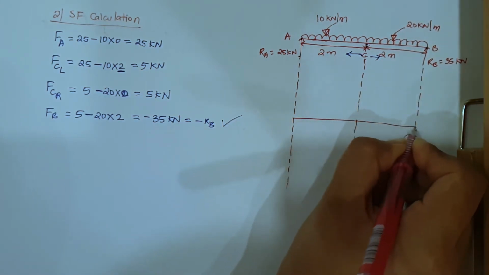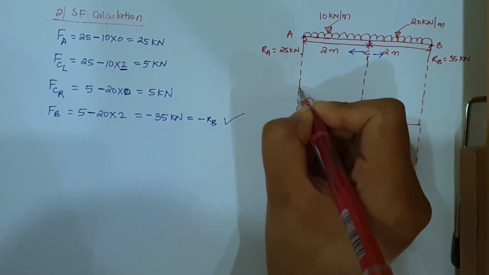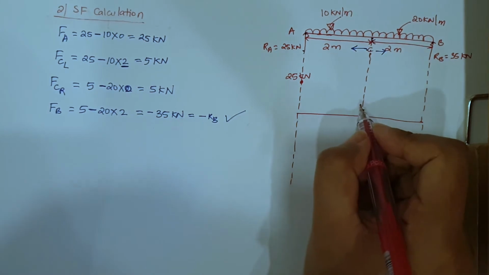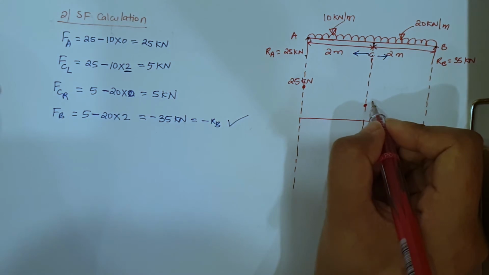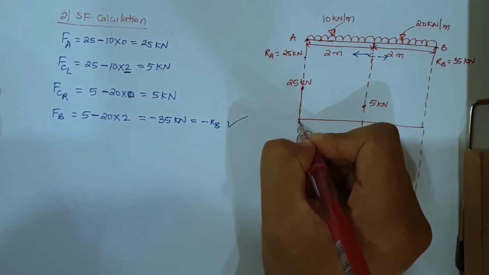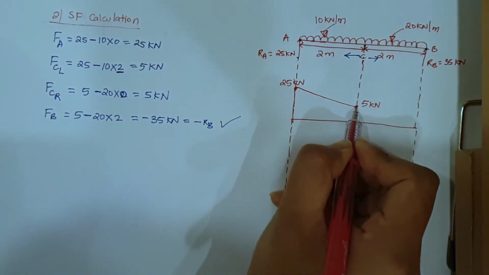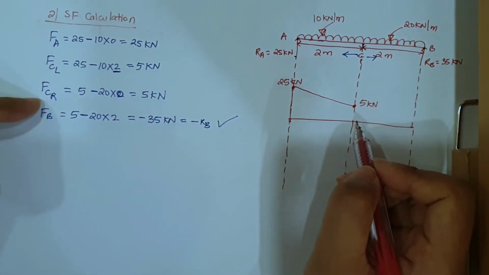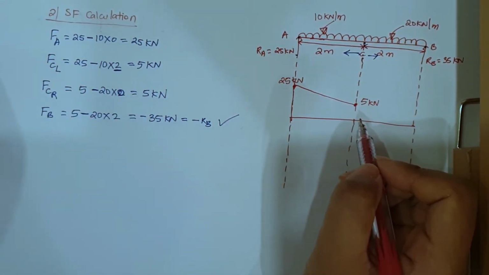I'll draw this line. Now at A I have 25 kilonewton, 25 kilonewton here. At C, at this point I have 5 kilonewton, so 5 kilonewton. Let me join the lines. Right, now C to the right hand side direction, again I have 5 kilonewton load only.